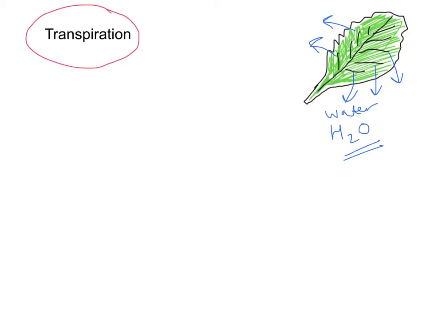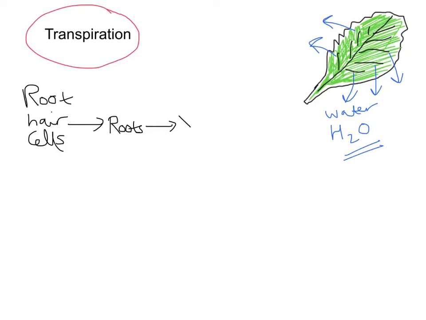Now, the flow of water from the roots to the leaves is called the transpiration stream, and it carries water for photosynthesis to the leaves along with essential minerals. So let's just put that transpiration stream in place. We'll write down, initially, our root hair cells. Now they are extensions of what would be the roots. Then from the roots, the water would travel either via the apoplast or symplast pathway into the xylem.